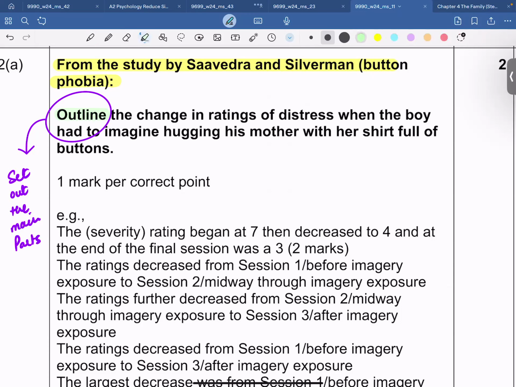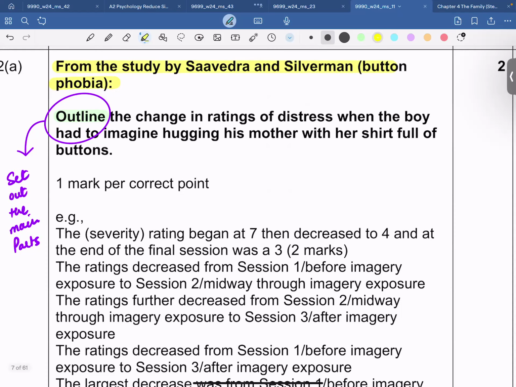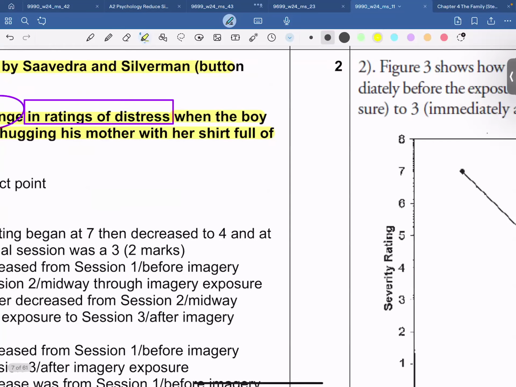Now, what is to be outlined over here? The change in ratings of distress when the boy had to imagine hugging his mother with her shirt full of buttons. Before we hop on to the example the examiner has given us, let's quickly have a look at the guidance.